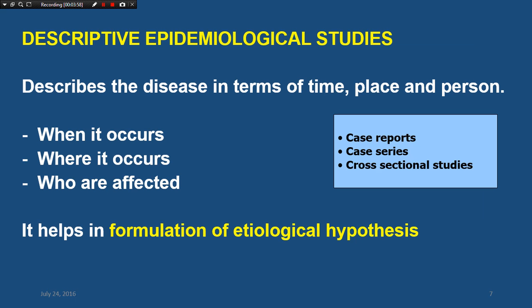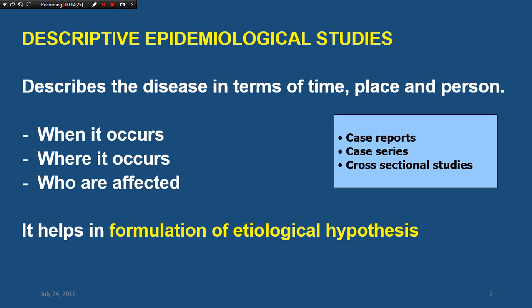Descriptive epidemiological studies describe the disease in terms of time, place and person: when it occurs, where it occurs, who are affected. Descriptive studies help in formulation of hypotheses. Descriptive studies can be of three types: case reports, case series, or cross-sectional studies.